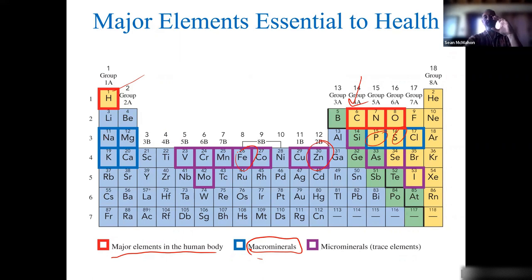The micro minerals like zinc and iron sometimes situate in the active site to stabilize the interactions and keep the shape. A concept is you could also take a look at hemoglobin, right? Hemoglobin has iron in the middle of its heme group for the other organic bound material to it.